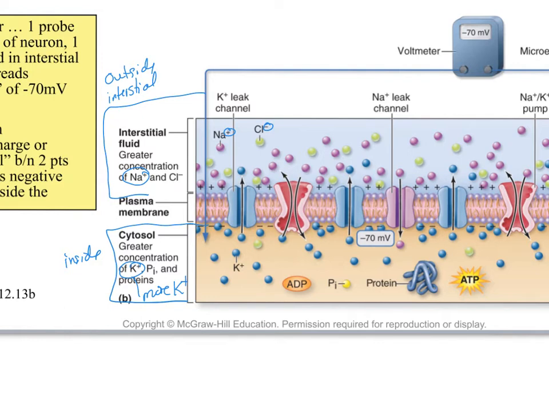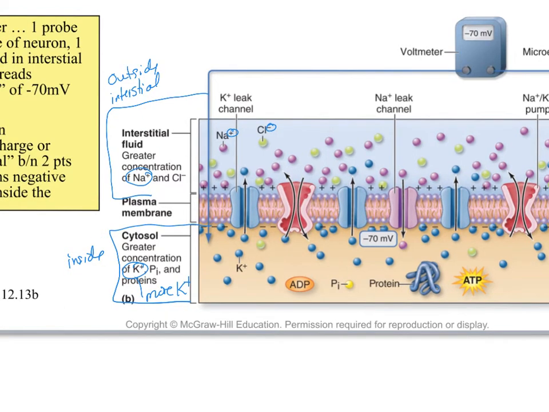But there is so much positive sodium that it will still keep a higher positive charge on the outside, and this will be a lower charge, which we translate as negative, although the thing that's really determining it is still a positively charged ion. It's just that there's less of them on the outside than on the inside.